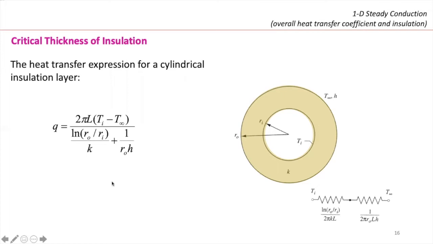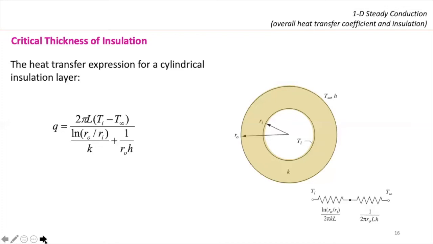So if we take this heat transfer expression for our insulation layer, and we differentiate with respect to r_o, the outer radius, and set it equal to 0, we can get a very simple equation to calculate the critical insulation radius that I'm going to show in the next slide.